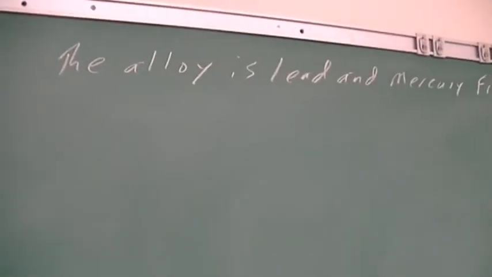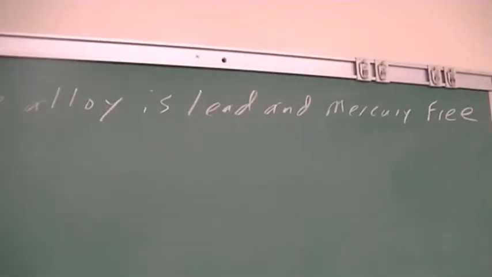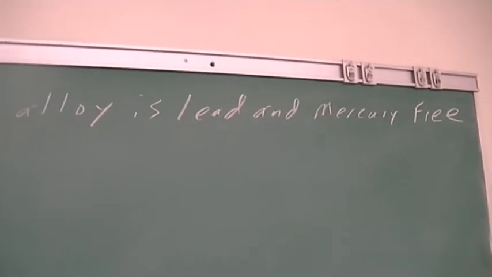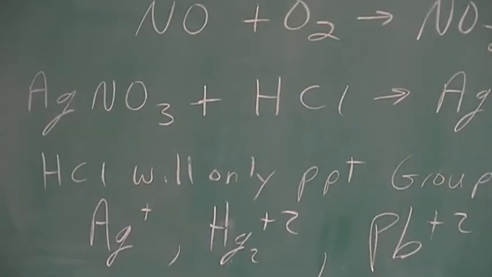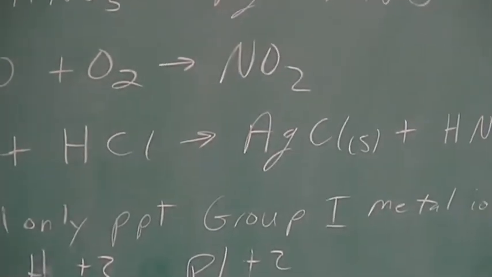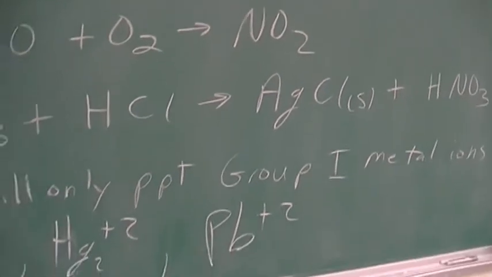To be clear, the alloy that is used in this lab is lead and mercury free. So the only precipitate we're going to get when we add our HCl is the silver chloride precipitate.